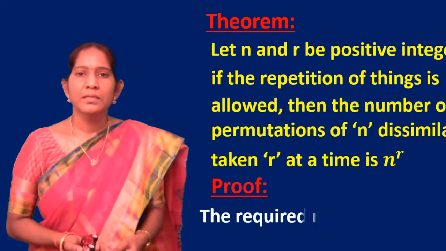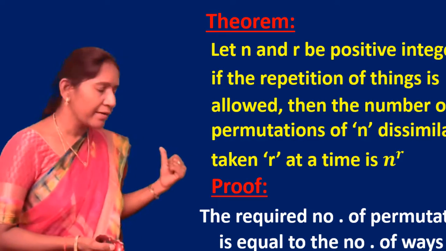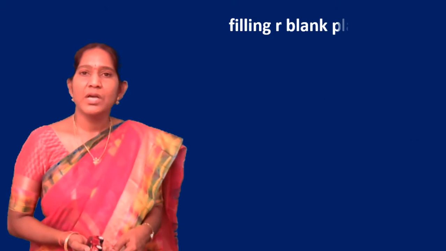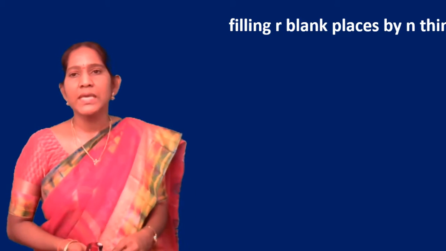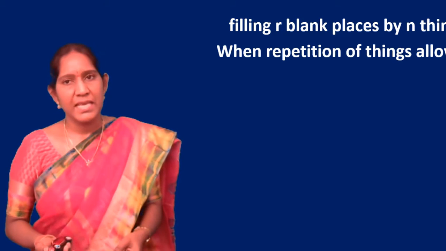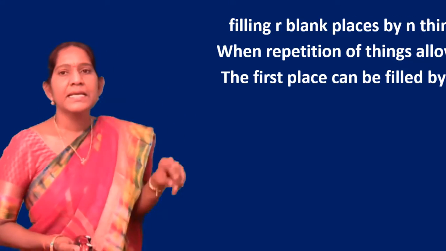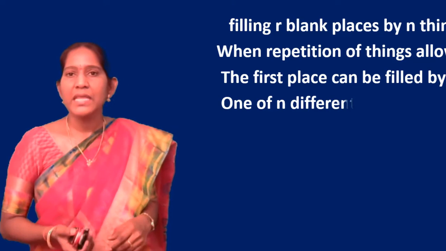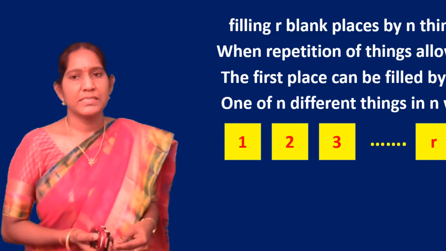Proof of this: the required number of permutations is equal to the number of ways of filling r blanks by using n things. When repetition of things is allowed, the first place can be filled by any one of n different things in n ways.